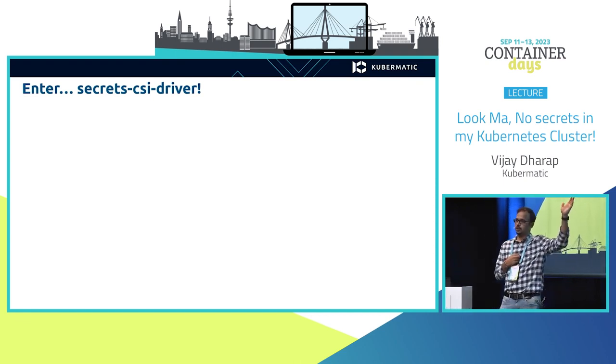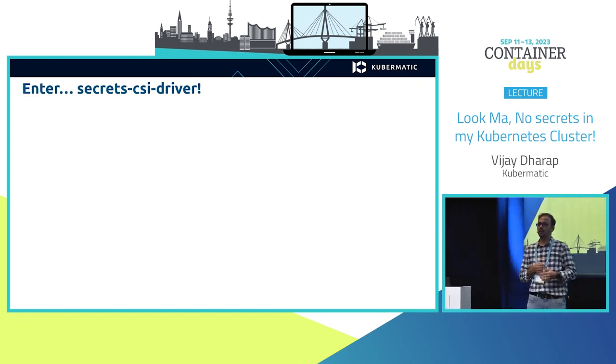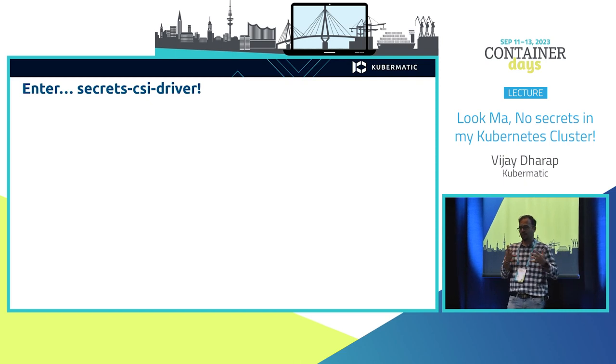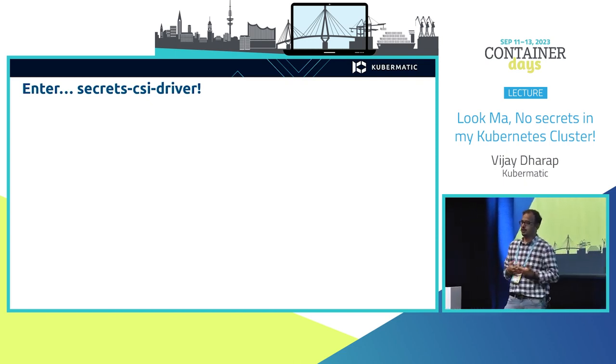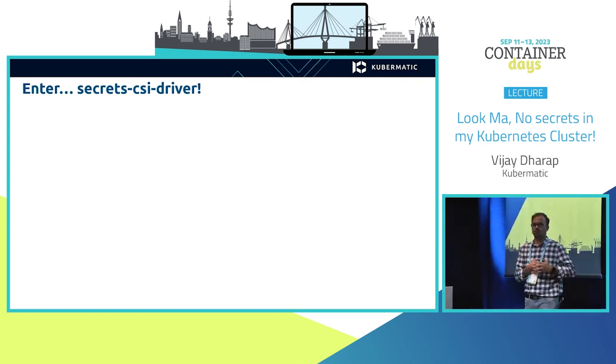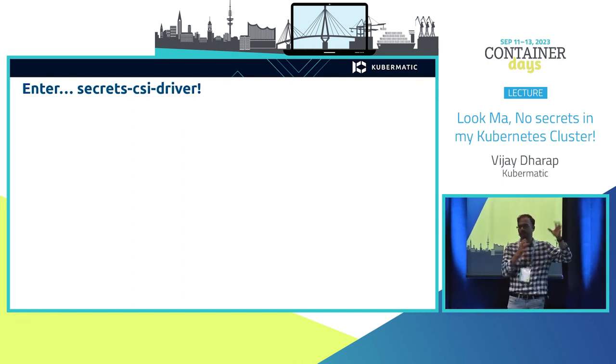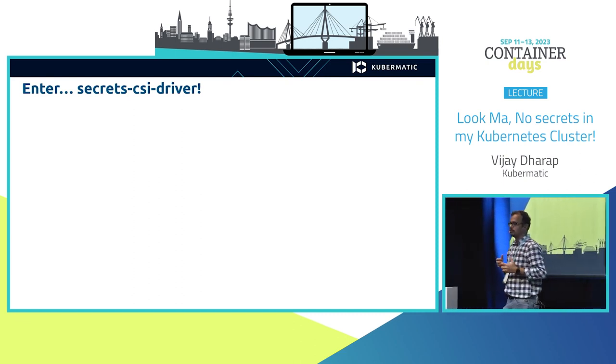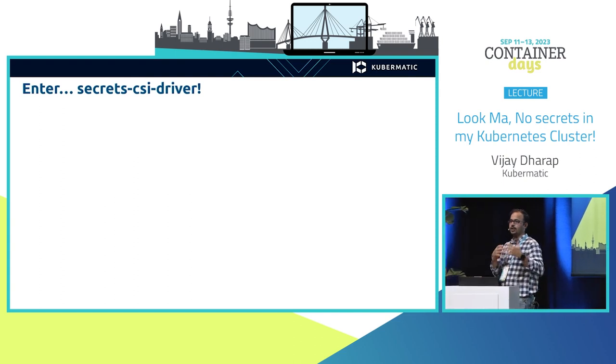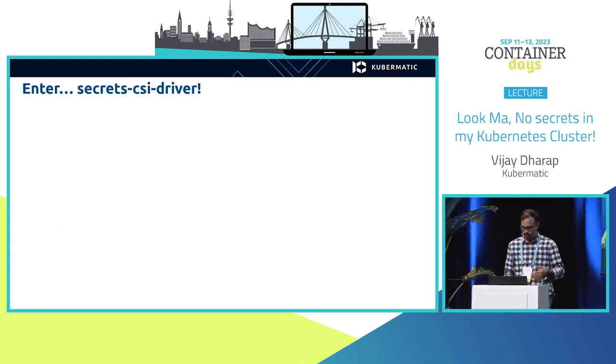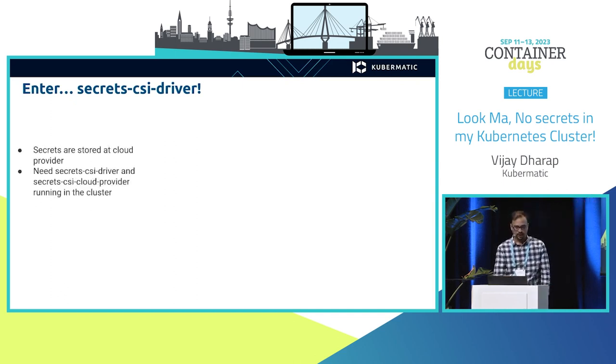Anybody know CSI? Container Storage Interface. It's usually used for provisioning volumes at different cloud providers. So the Secrets Store CSI driver builds on top of it. It gives its own implementation to create volumes out of secrets, secrets which are not in the Kubernetes cluster but somewhere outside at the cloud provider.